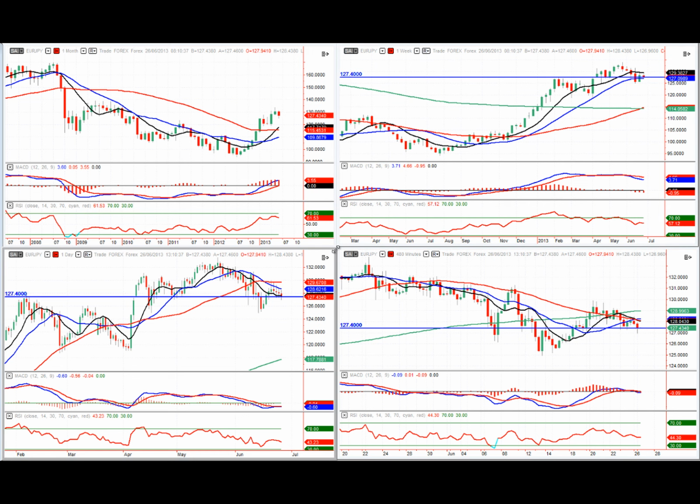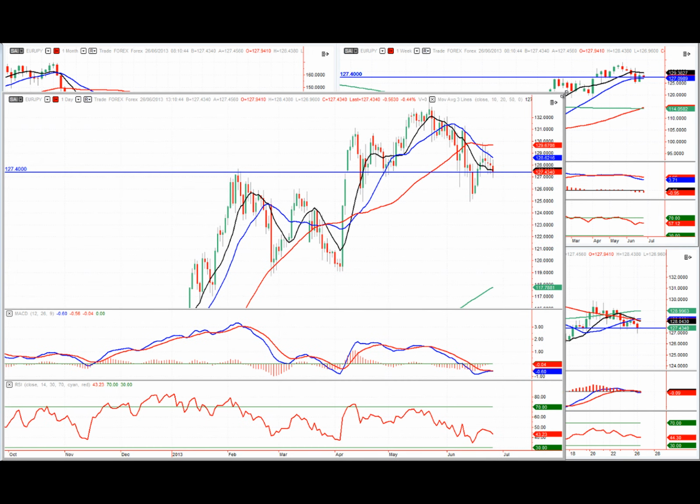So taking a look here at the daily chart, we can see this in a bit more detail. If we look at these previous highs, from this high here up to this high, we've got very good divergence here in the indicators. Price has now been pulling back.